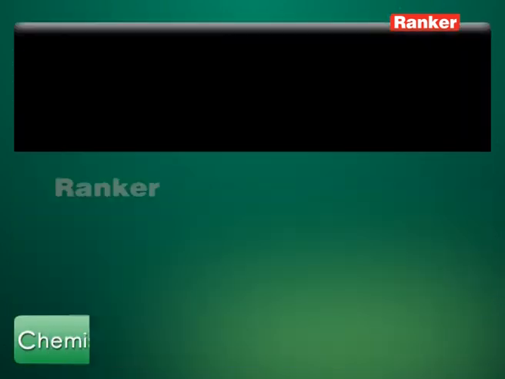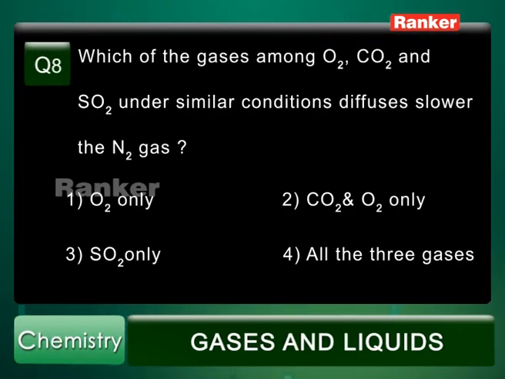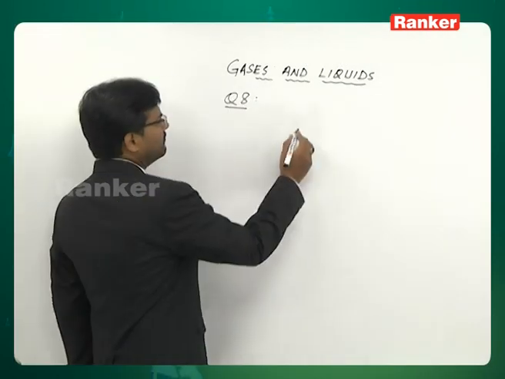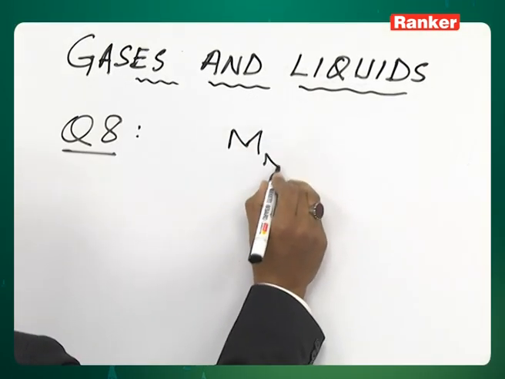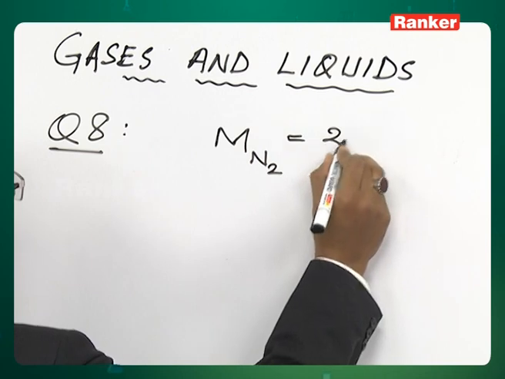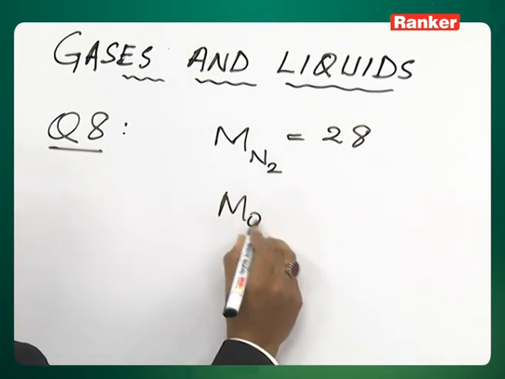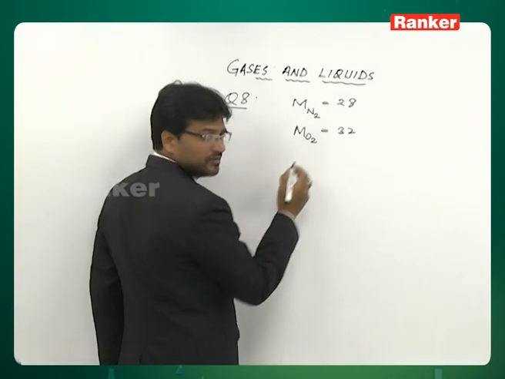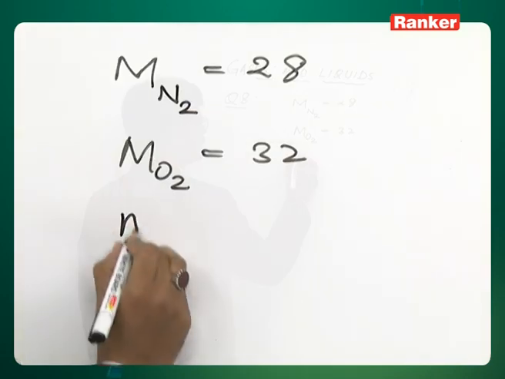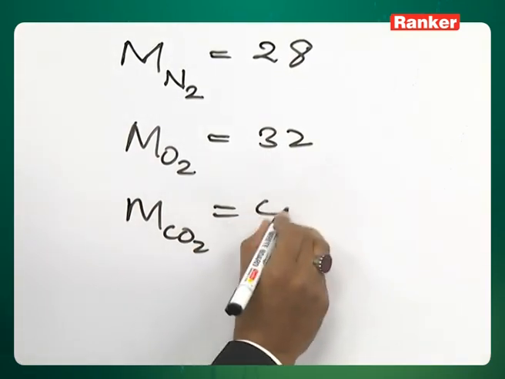Question number 8. Which of the gases among O2, CO2 and SO2 under similar conditions diffuses slower than N2? See, molecular mass of N2 is 28. Molecular mass of O2 is 32. Molecular mass of CO2 is 44.